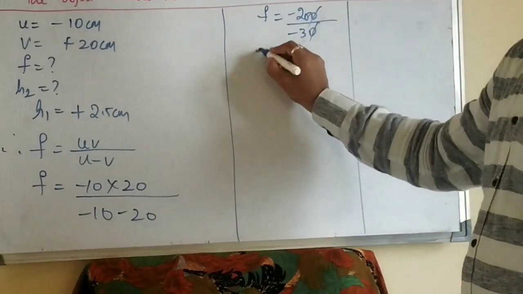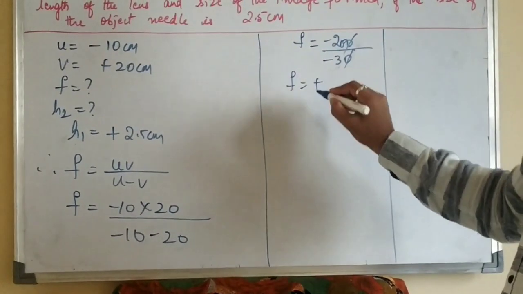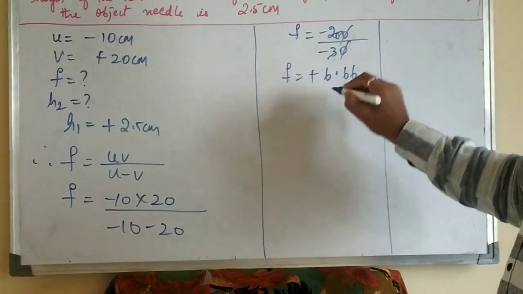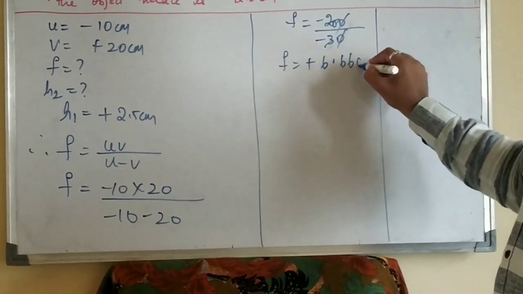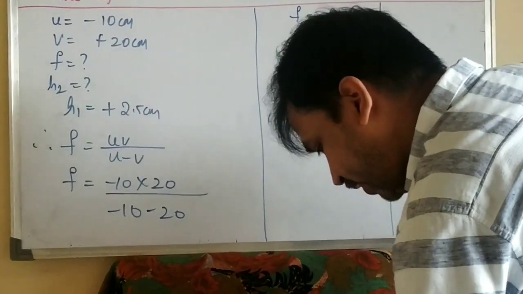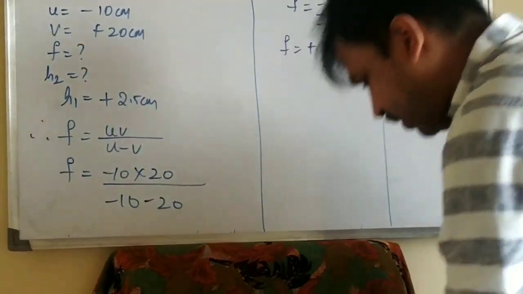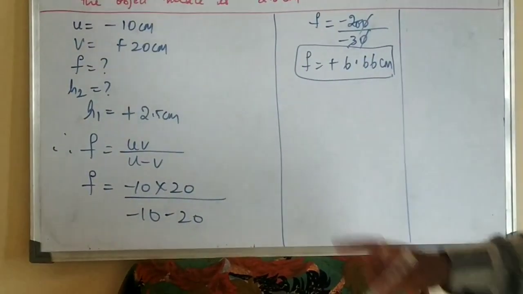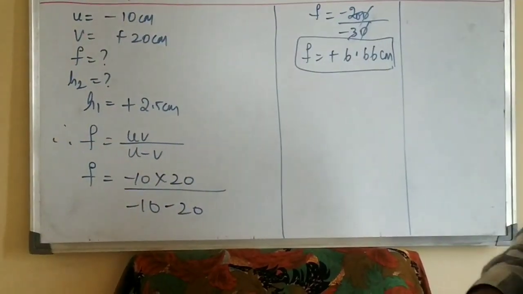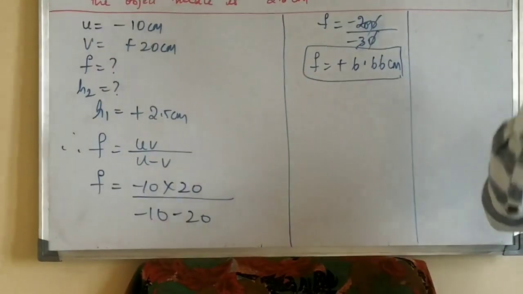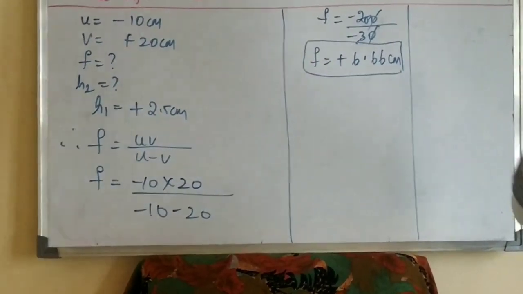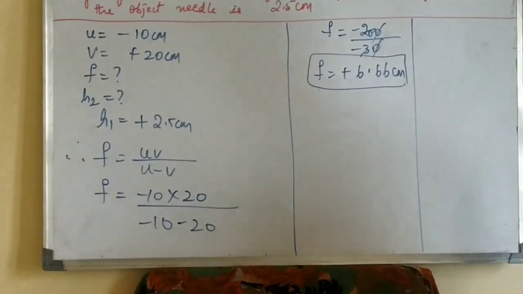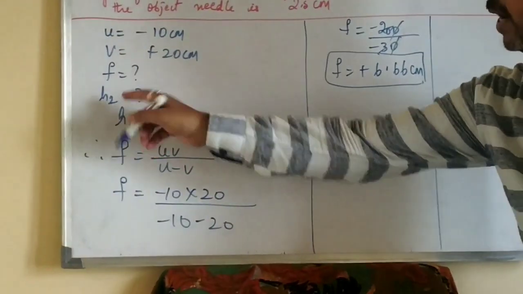Minus divided by minus is plus, 3 sixes are 18, then 6.66, the recurring value. That is 6.66 centimeter is the answer, or 6.67 as mentioned in the textbook. Now the focal length you have got is a positive value. Why? Because you are getting the measurement of focal length only at the image side. The image is always formed towards the right side, that's why positive.